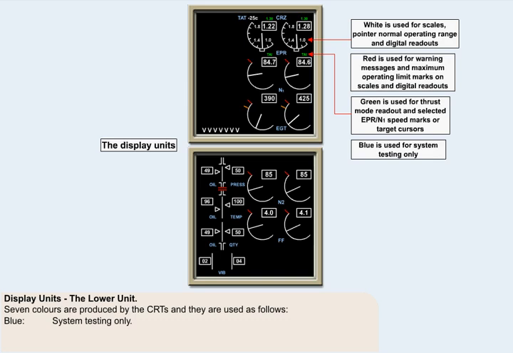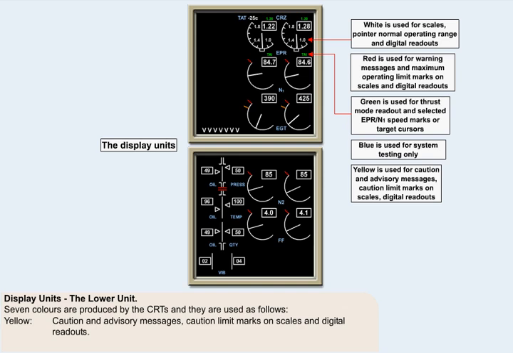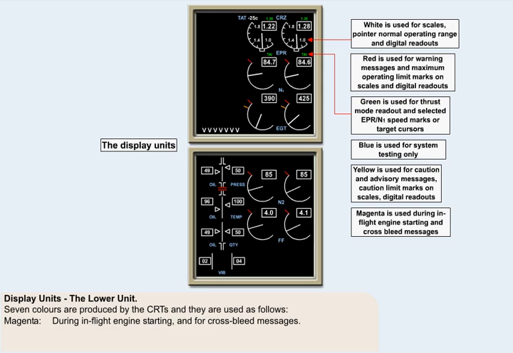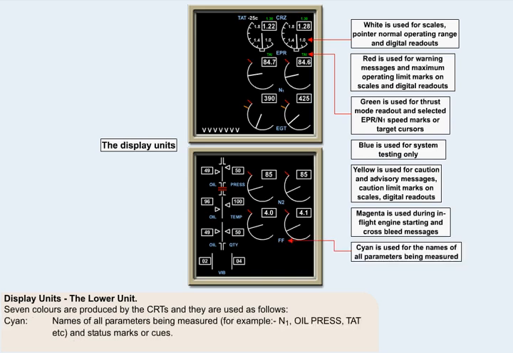Blue: system testing only. Yellow: caution and advisory messages, caution limit marks on scales, digital readouts. Magenta: during in-flight engine starting and for cross-bleed messages. Cyan: names of all parameters being measured, for example N1, oil pressure, TAT, etc., and status marks or cues.